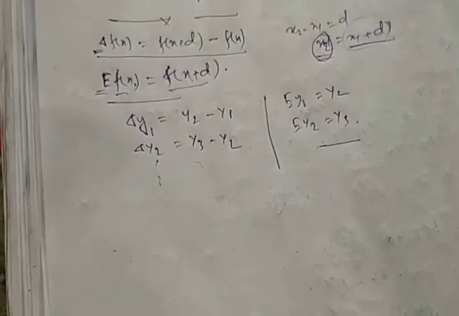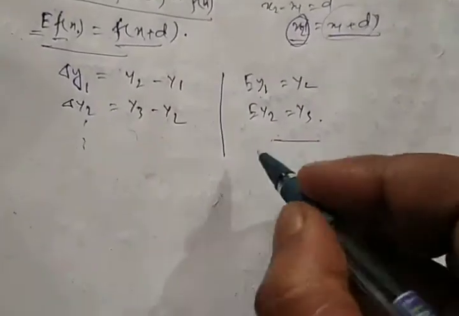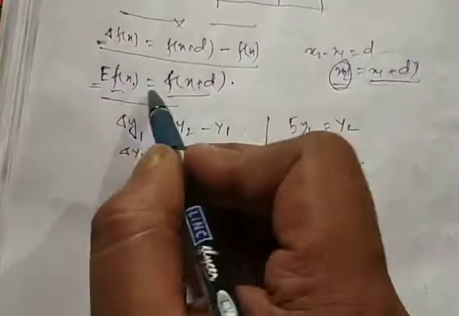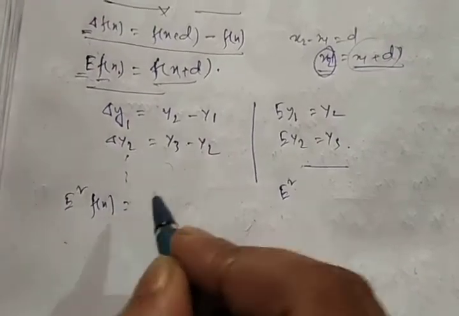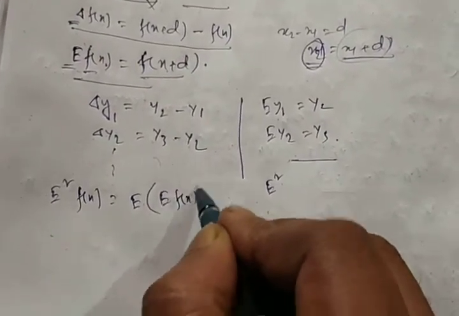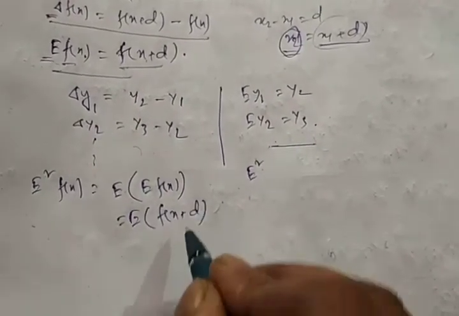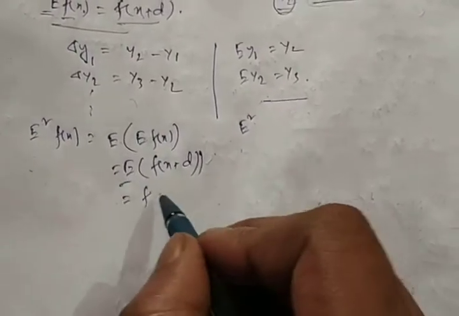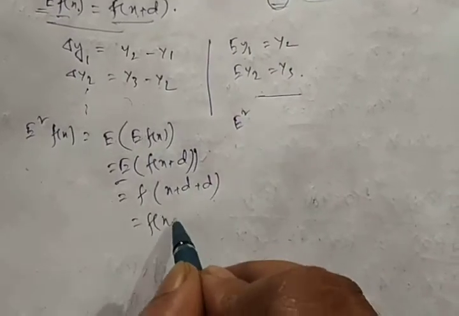Using those two, we will also get E squared of f x, that means E of E of f x, that means E of f of x plus d, and again using the shifting property, f of x plus 2d.